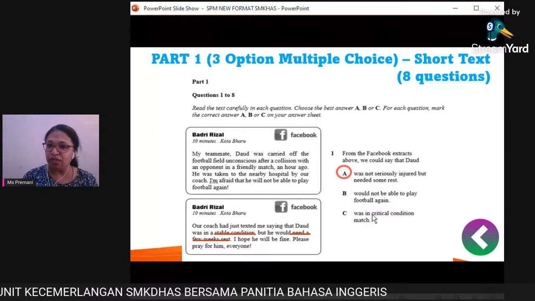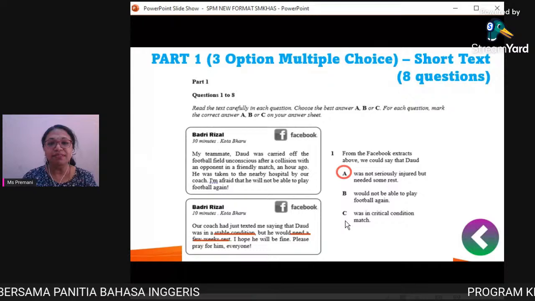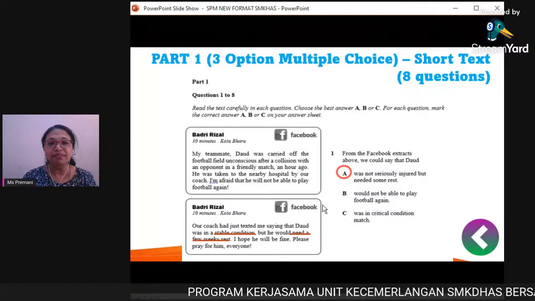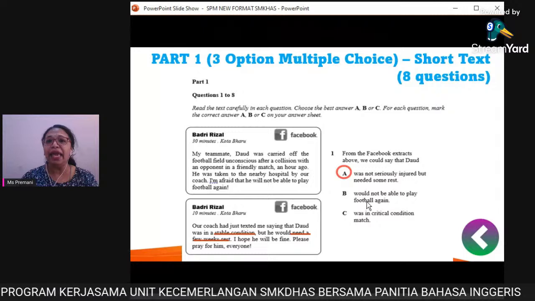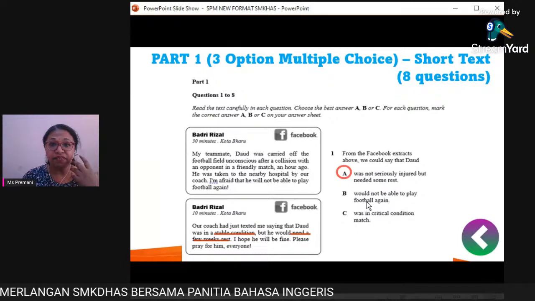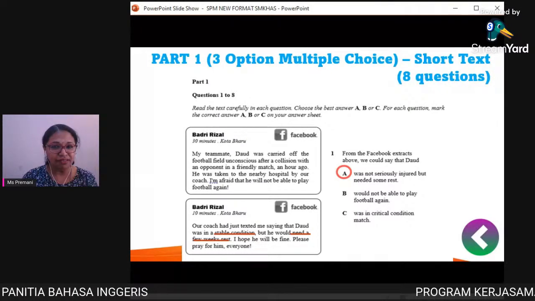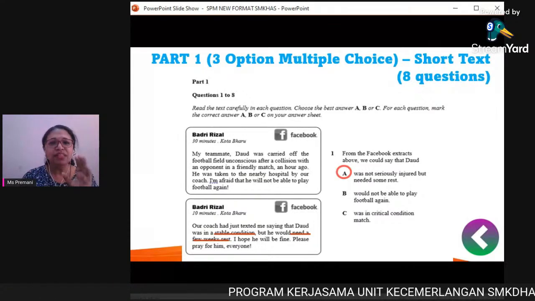They might pick this as an answer. But match here means a very difficult to win game, the football match. So these two are very strong. I will call them strong distractors. You can't see a wrong answer but a distractor. Pengacau, they call it.